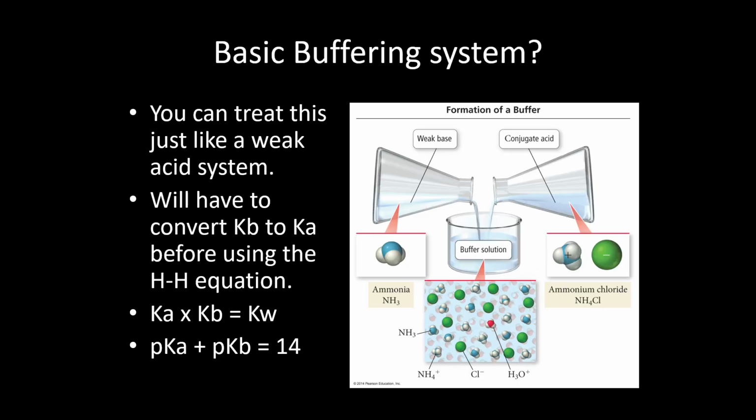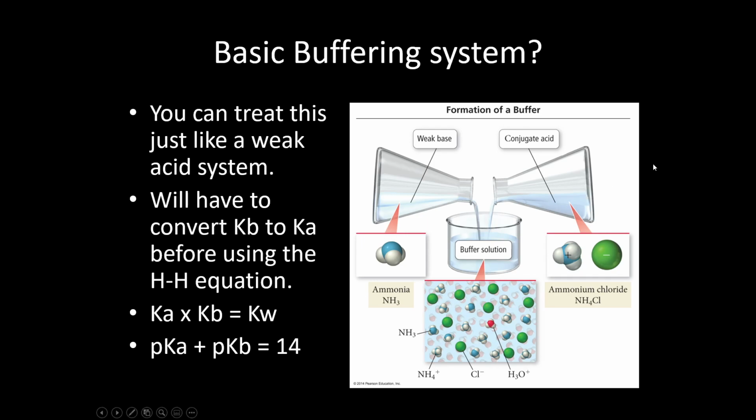Basic buffering systems. I don't think I did any basic buffering systems. I don't remember doing one. We'll say I didn't do any basic buffering systems. But even if I did, we don't change anything.